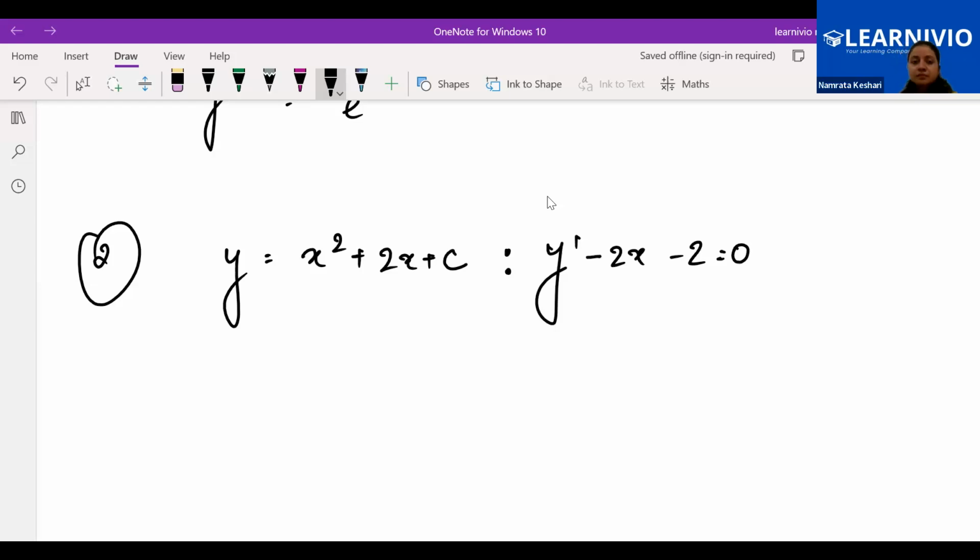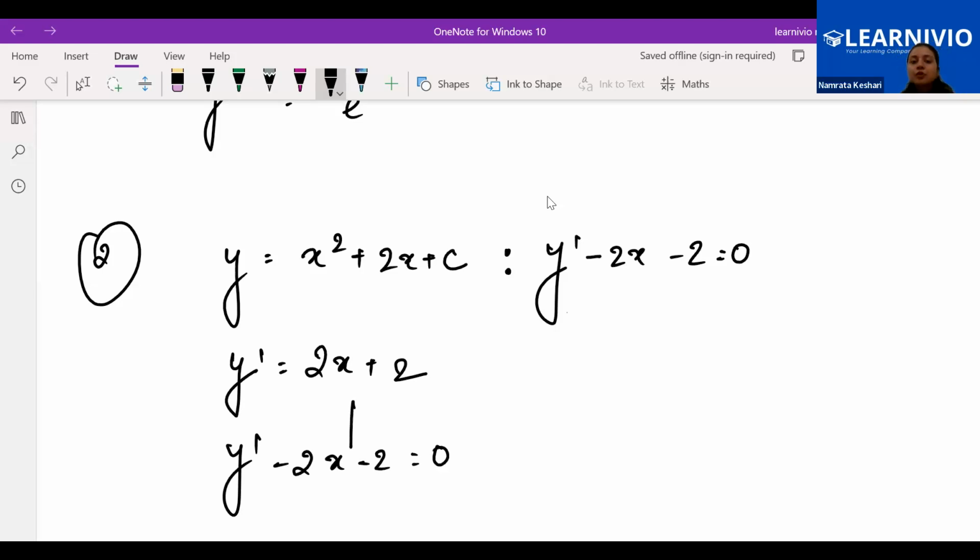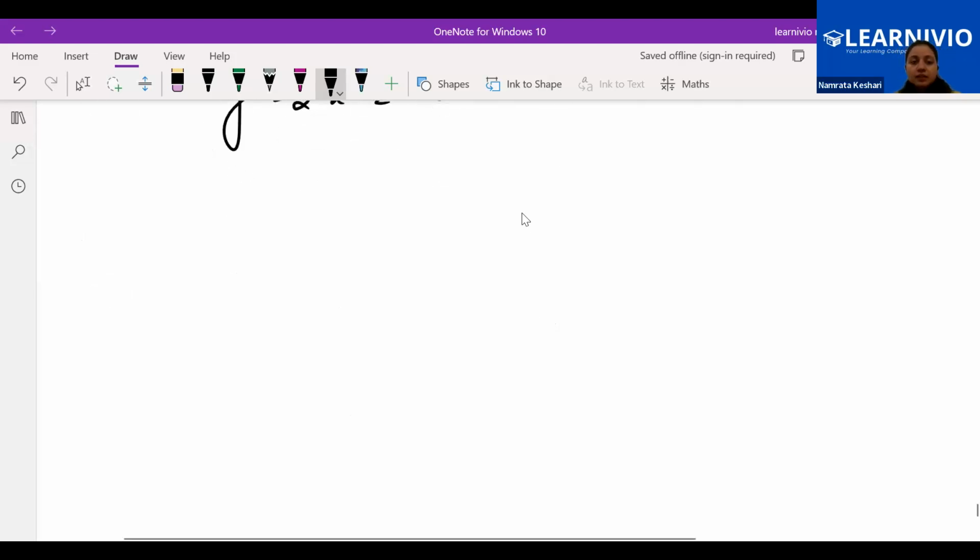Yes, ma'am, it's 0. Y dash is equal to 2x plus 2. When we substitute over here, we are going to get obviously 0. From here only we can see. Let's do the next one.